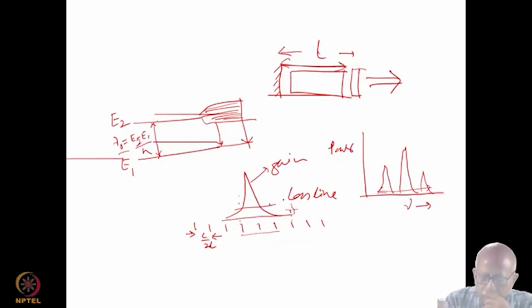This is the loss line, this is the gain. We have reduced the broadening of the gain so much so that now you see only this mode has a net gain.